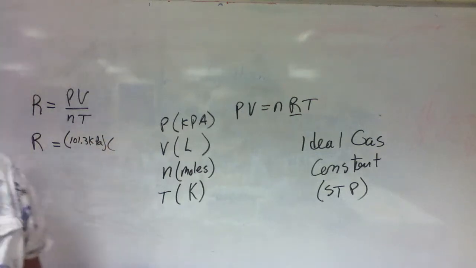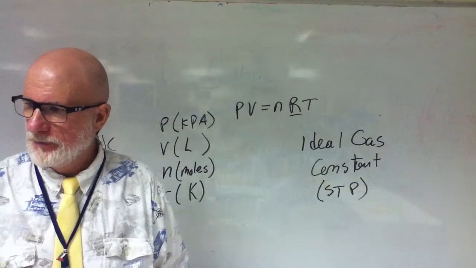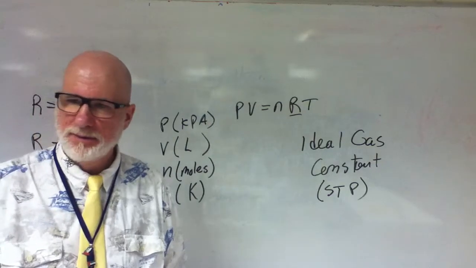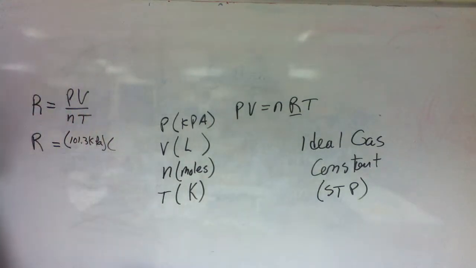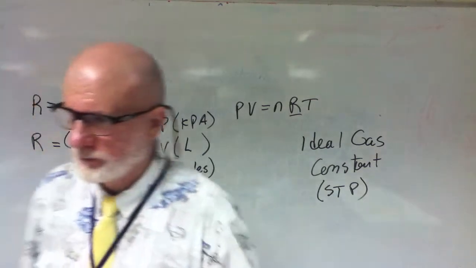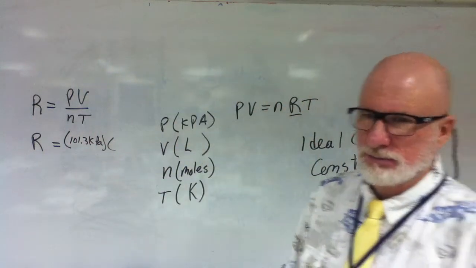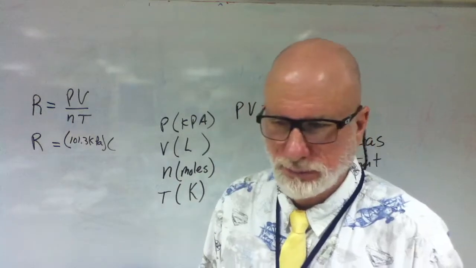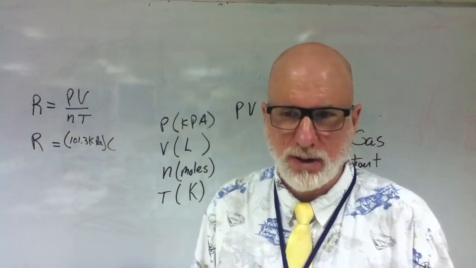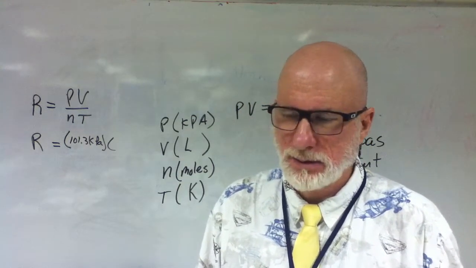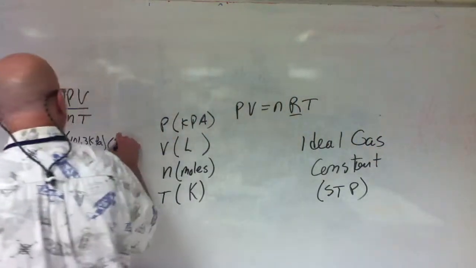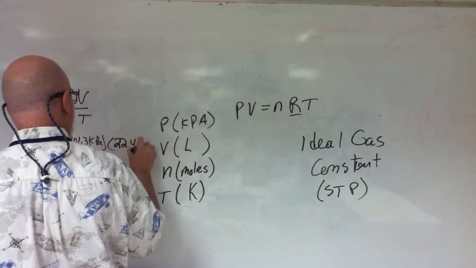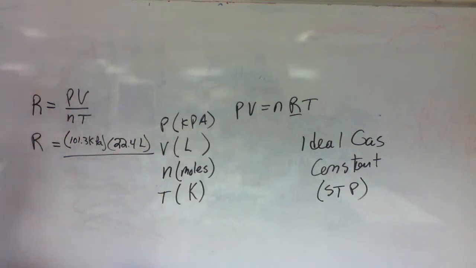What's volume at STP? 1 mole, obviously, based on the unit mole. What's the volume of 1 mole of any gas? 22.3? 22.4. Close. 22.4 liters, and that is 1 mole.